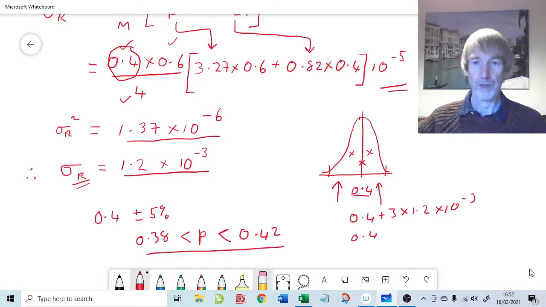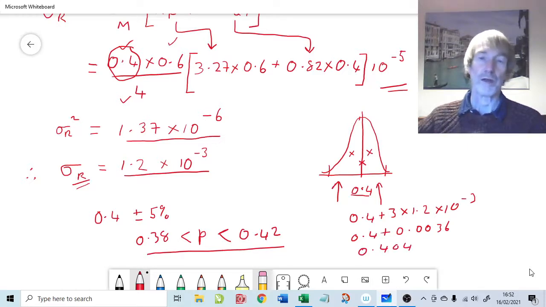So that becomes 0.4 plus 0.0036. If we're going to round it, we can call that 0.404. So only one in 1,000 samples will be higher than that value, 0.404, which is still well below the 0.42 threshold.